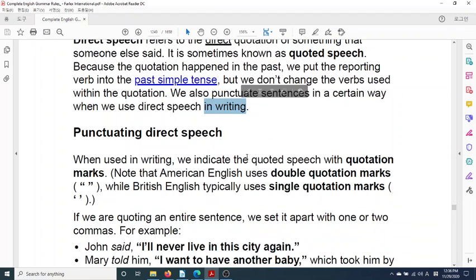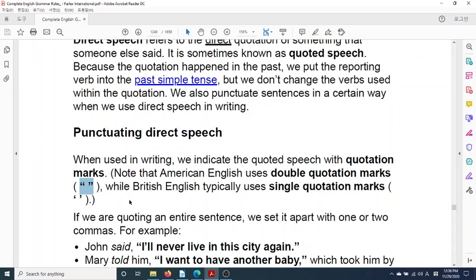So you may have seen these before. Quotation marks. Okay. So quotation marks are used for direct speech. You're quoting someone else's work, right? As Jesus said, "Love thy neighbor."